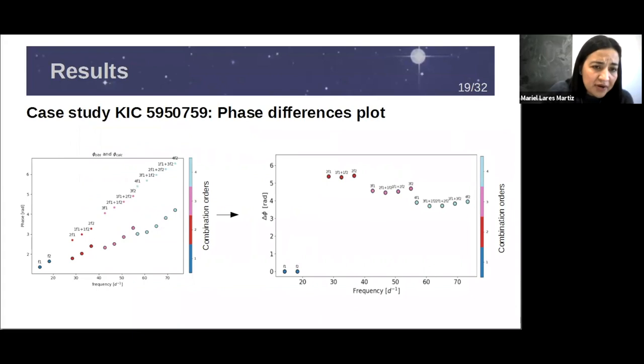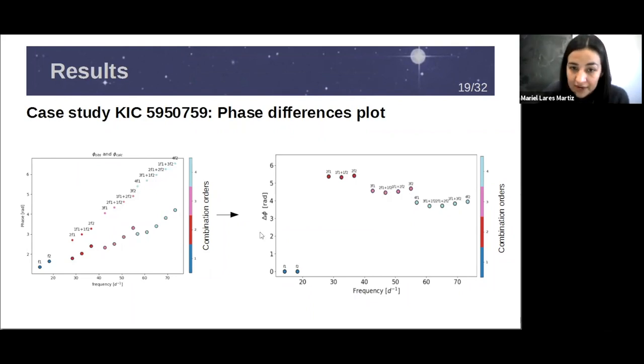And so these are the expected positions of the phases from the calculated combinations, but this is the obtained ones from the observation. So we subtract the calculated one from the observed and obtain this, what we call the phase differences plot, the relation of the phases.